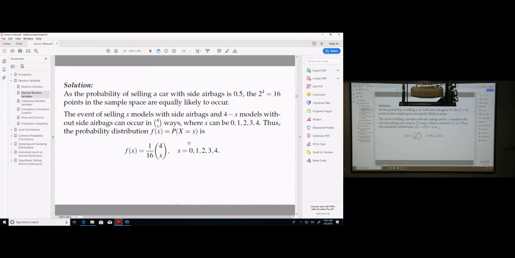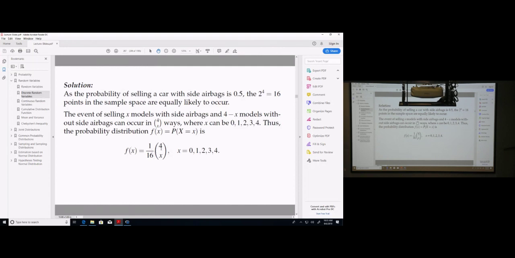So I will have some of these situations. Now, let me explain this term first. If I'm saying that I will be able to sell small x number of cars with side airbags, you have 4 cars that have been sold. Among the 4 cars, you pick X cars. So 4 choose X, because it is equally likely here. All you need to count is how many of them, and this is my numerator, how many such ways.